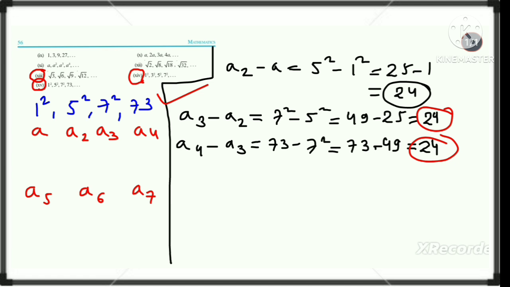So firstly, let's add the common difference to its fourth term, right? And the fourth term is given here, 73, plus the common difference, which is 24.